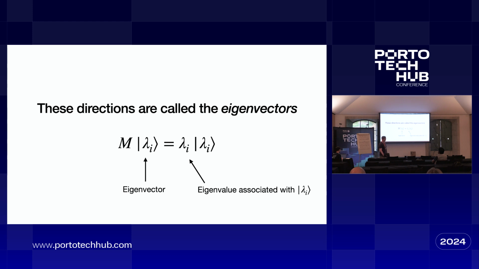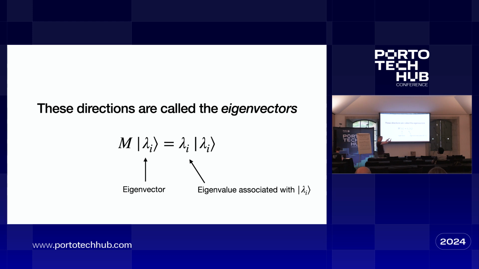So these are called eigenvectors. I have some matrix, it acts on a ket, and I get the same ket back scaled by some number, which can be complex. Does anybody need a better explanation of what eigenvectors and eigenvalues are? Okay. An eigenvector is a vector associated with the matrix. Every matrix has its own eigenvectors and eigenvalues.